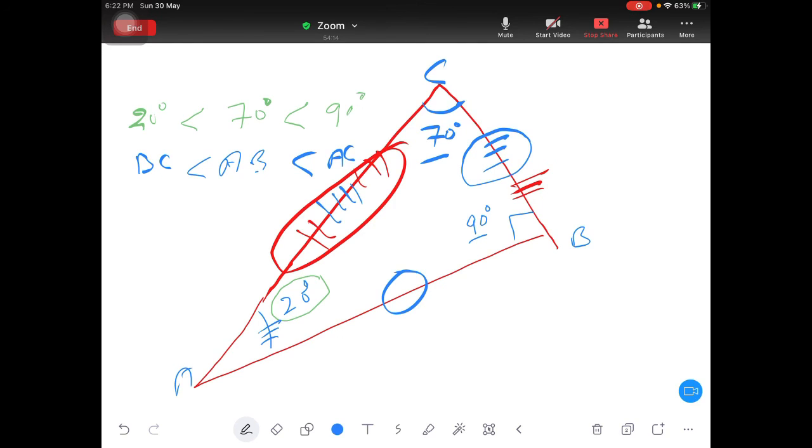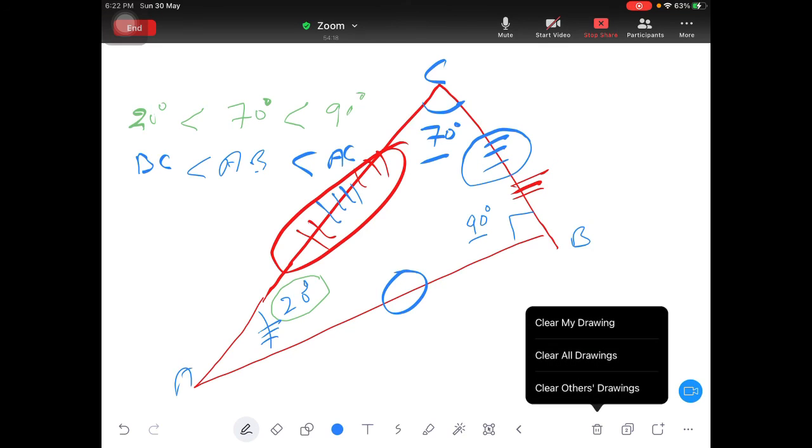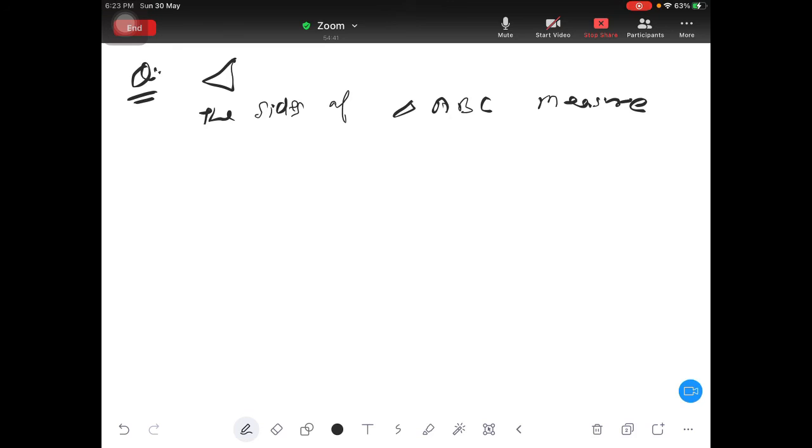Okay, so we will take one example. The question is: the sides of triangle ABC measure 5 centimeters, 12 centimeters and 13 centimeters.